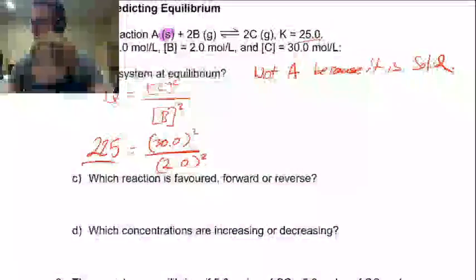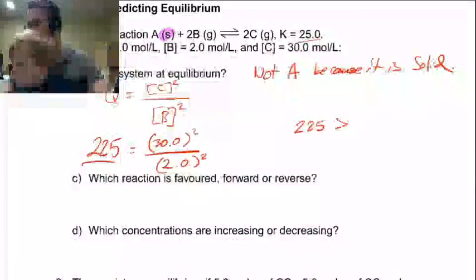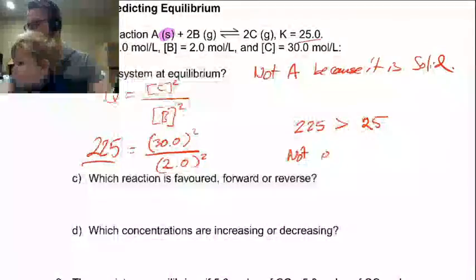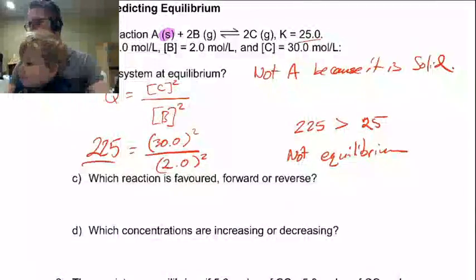That, of course, is much larger than our K. So 225 is bigger than 25, so it is not at equilibrium. And which reaction is favored, the forward or the reverse? Let's think. We need to reduce this number.